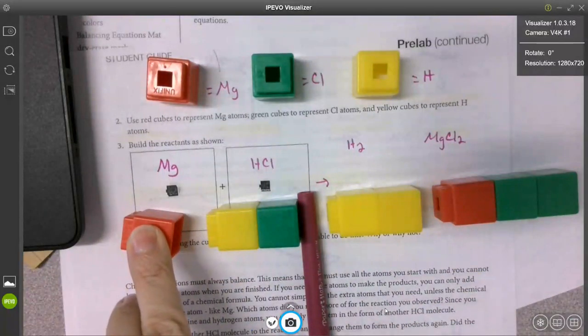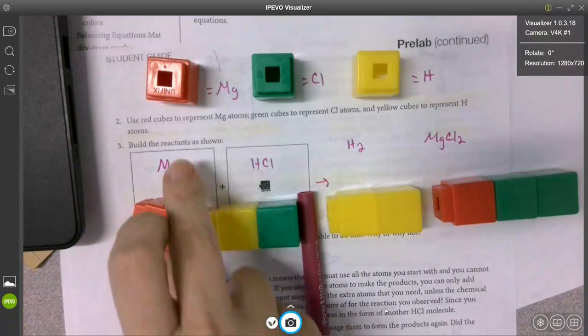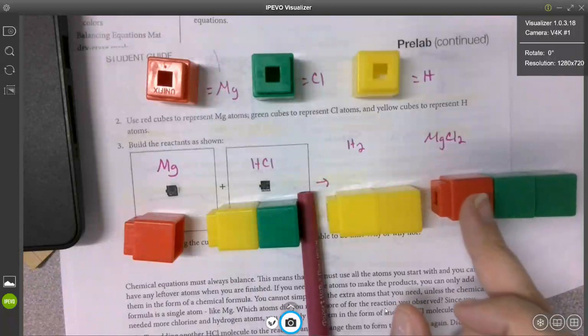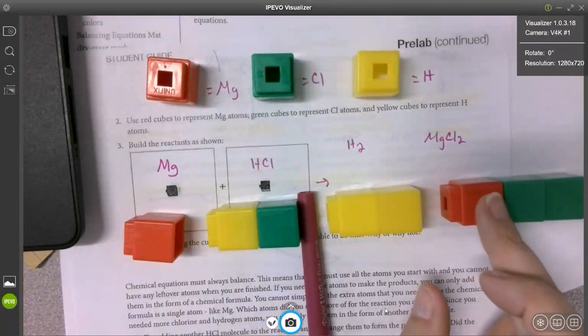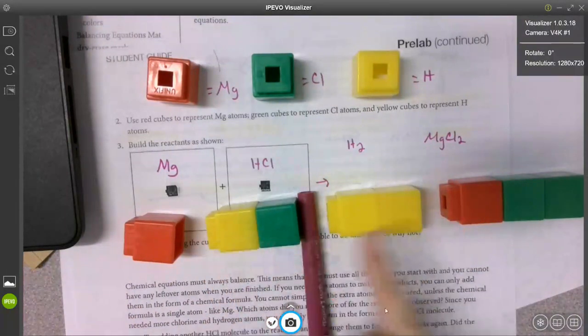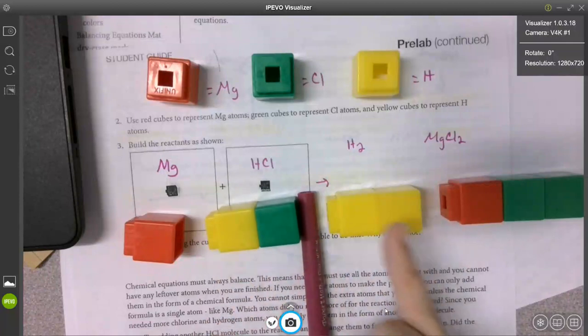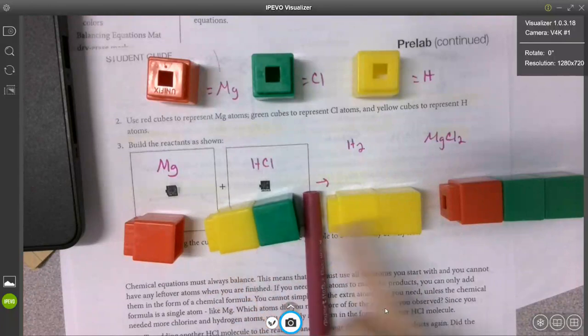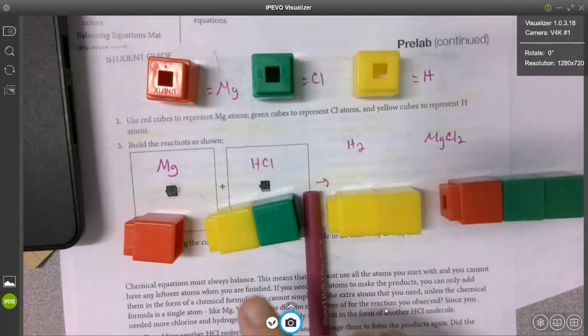I have 1 red cube on my reactant side on my left, and I have 1 red cube on my product side. So this matches, so those are balanced. I'm going to look at yellow. 1 on my left, 2 on my right. 1 on my reactant, 2 on my product.